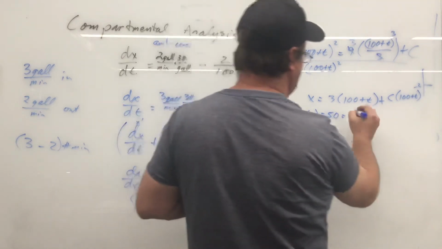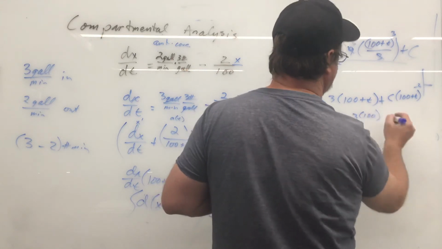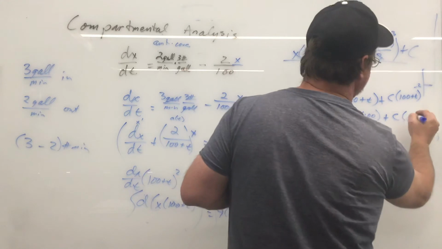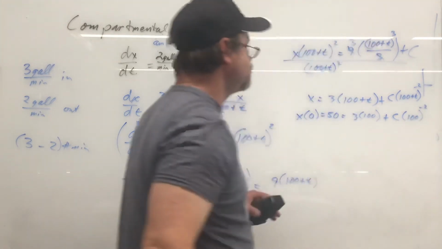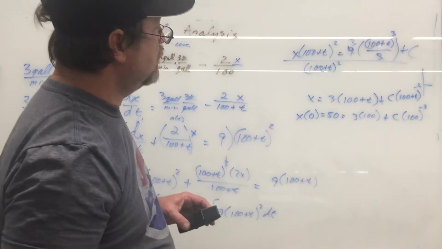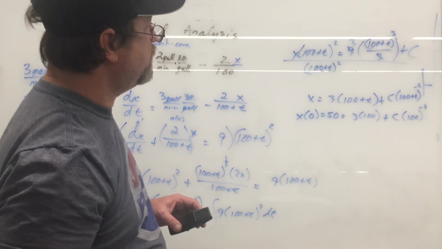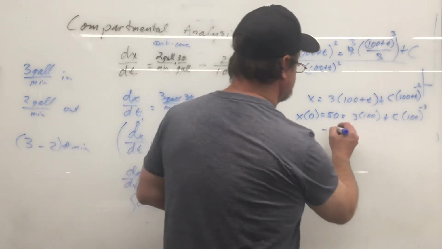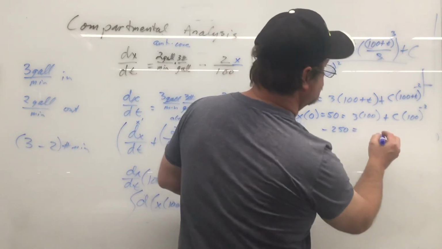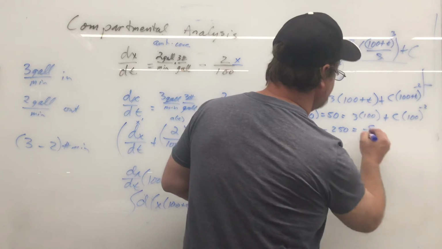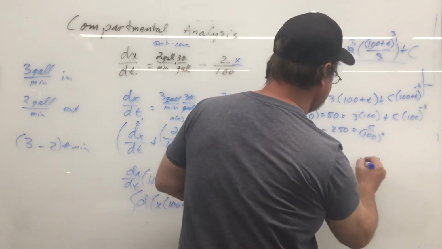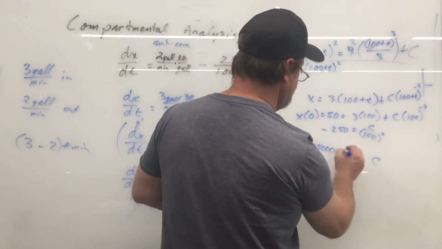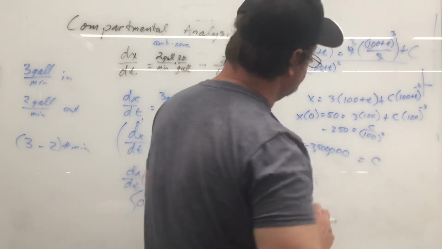And at time 0, I have 3 times 100 plus 0 plus c times 100 to the minus 2. And now I want to solve that for c. It looks like this is minus 250 equals c over 100 squared. So it looks like c is negative 250 times 100 times another 100. Looks like that's c.